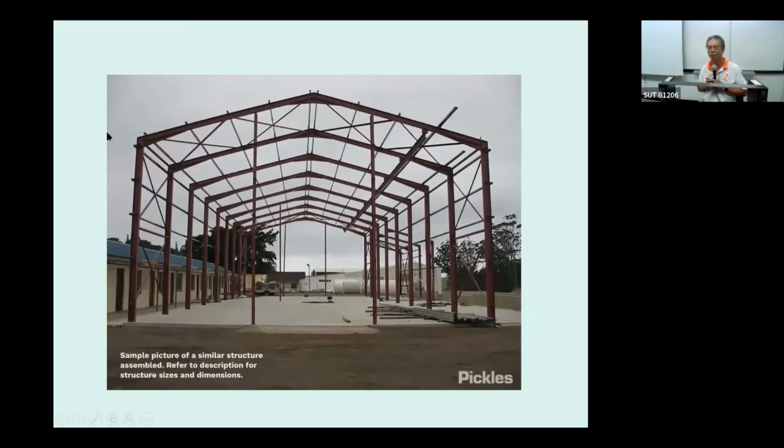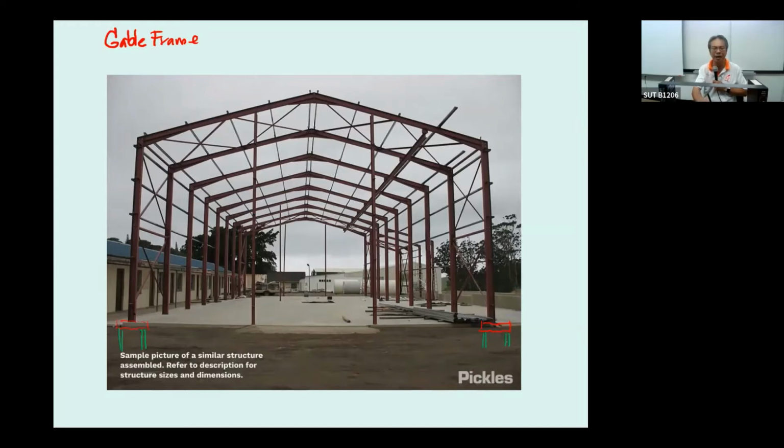And if you come to the structure like this, this is a steel frame. It's called the gable frame. In the construction of this, we start by building the footing on the ground, and the footing may have piles if the soil is not strong enough to resist the forces.